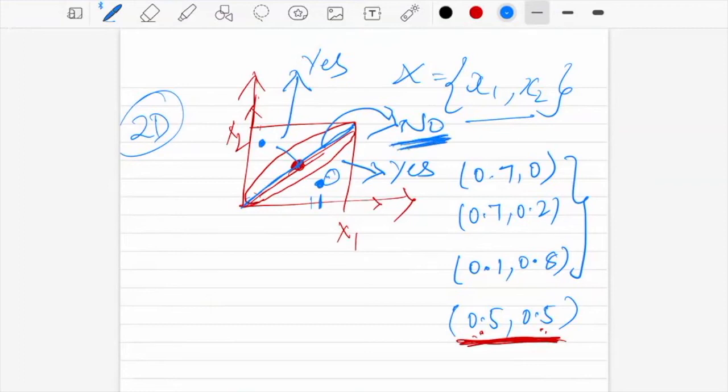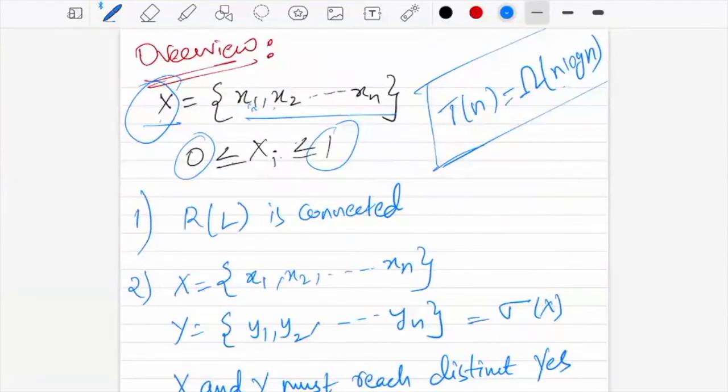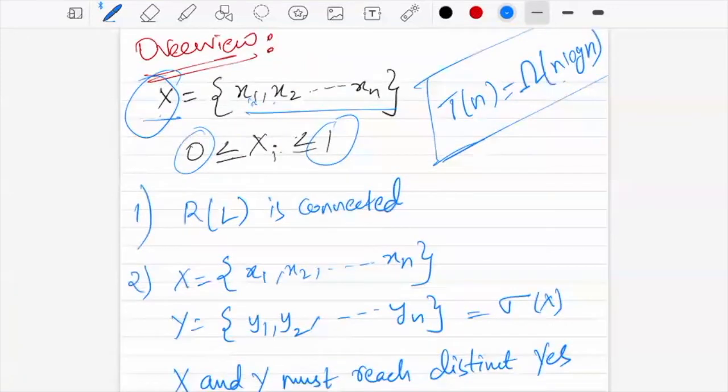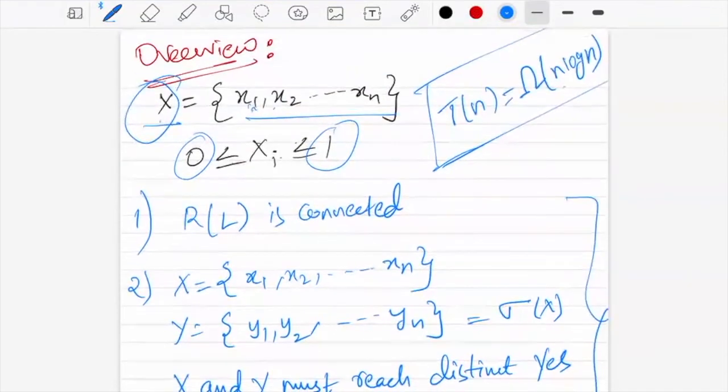Okay, so to prove this main theorem, I am taking three subclaims, so that through these three subclaims I can prove that the lower bound time complexity for this algorithm is big omega of n log n. Let's take the first subclaim which I am going to prove: R of L is connected.